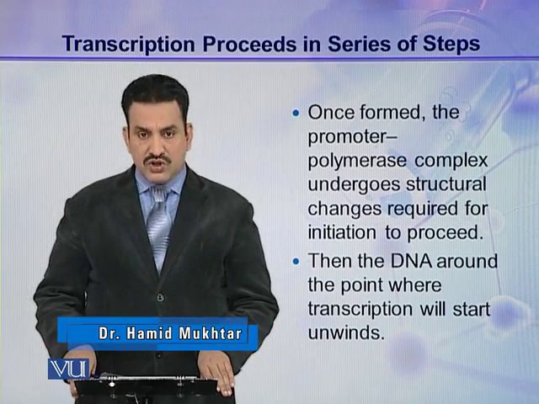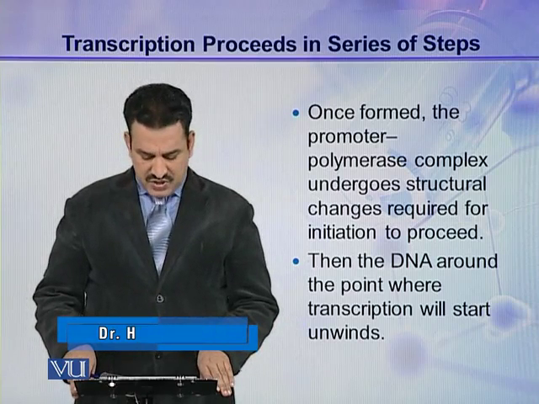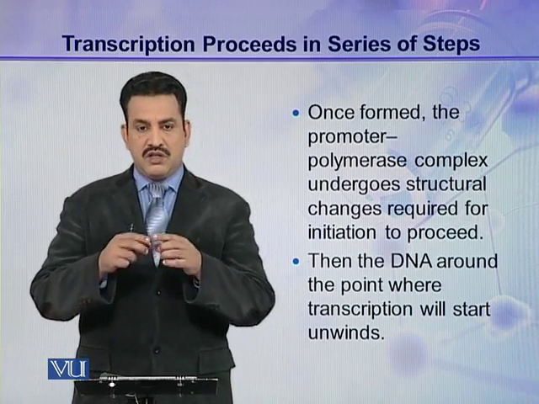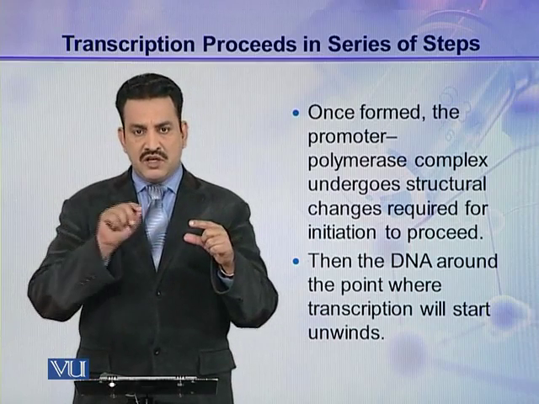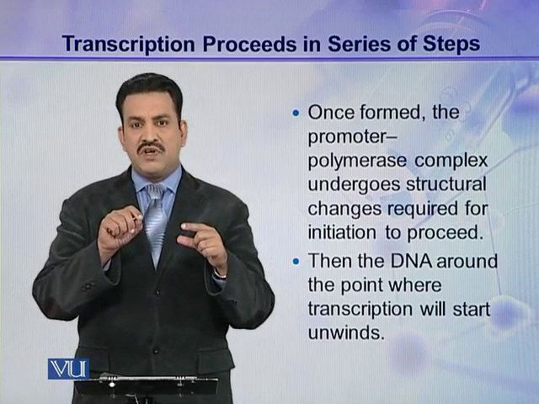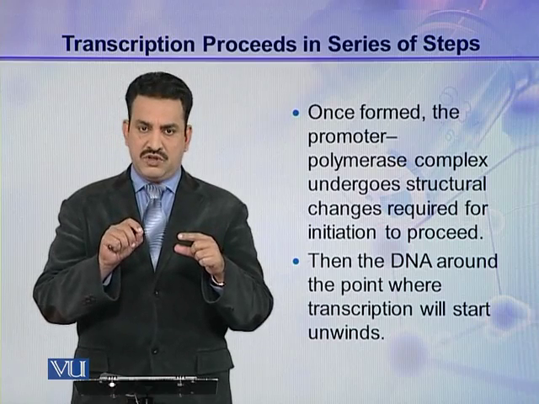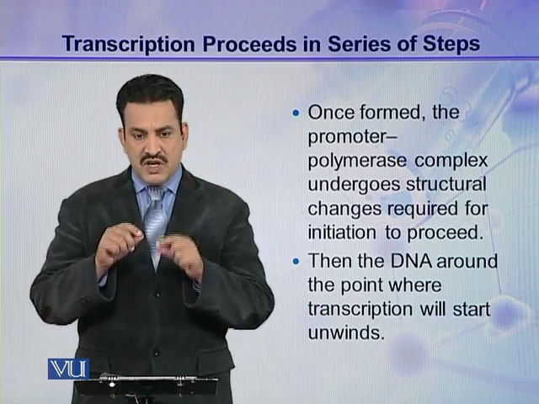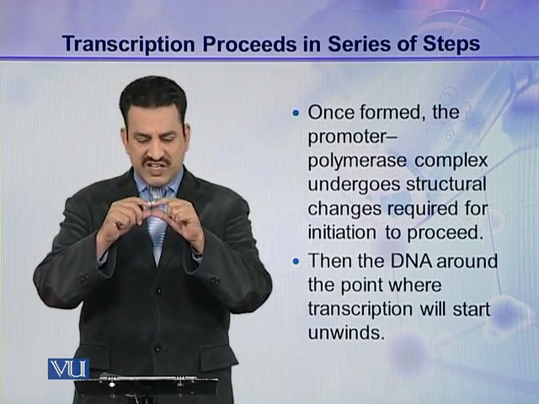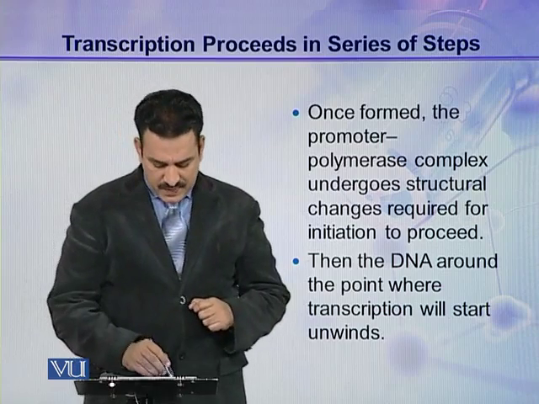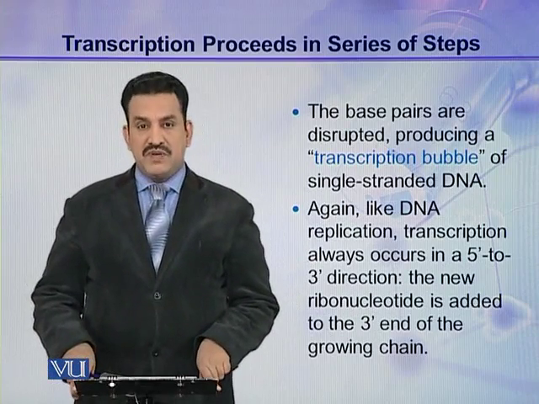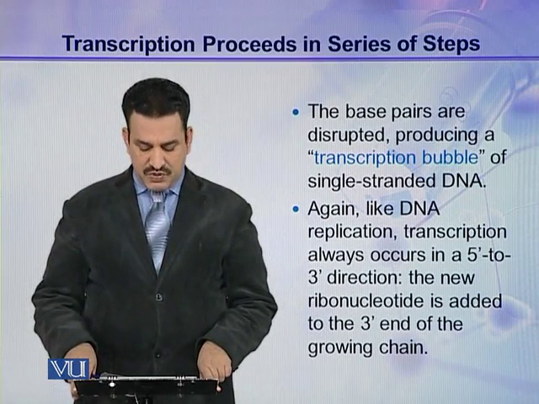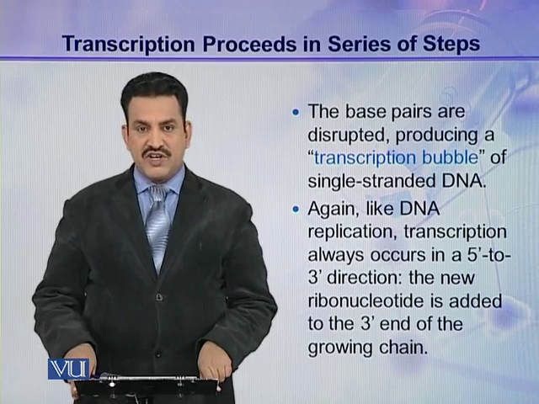Then the DNA around the point where transcription will start unwinds. That is, there is some point on the DNA, and that is the site of initiation of transcription. So once this complex is formed, the DNA unwinds from this site. The base pairs are disrupted and they produce a transcription bubble of single-stranded DNA.